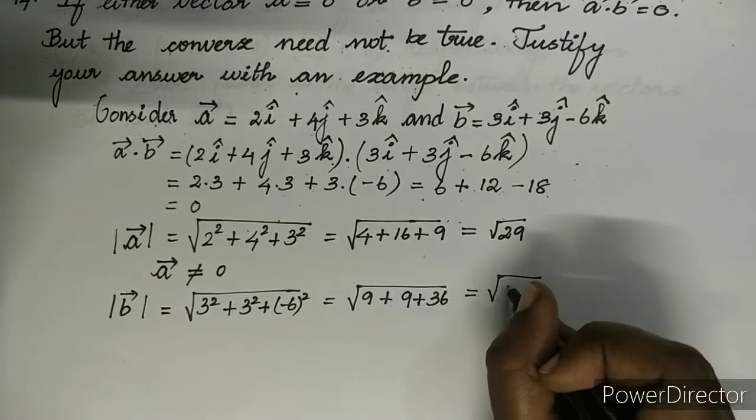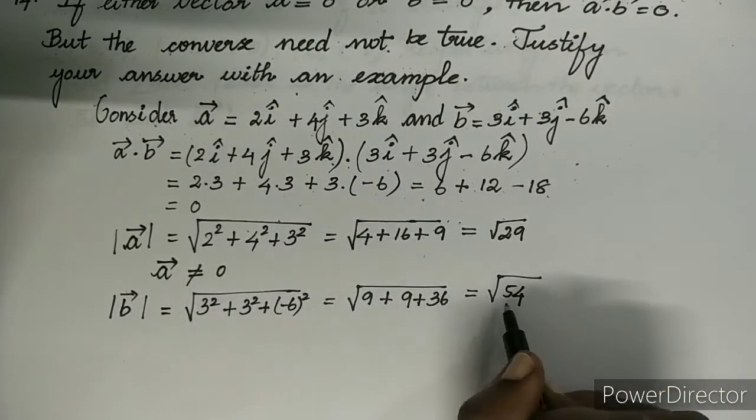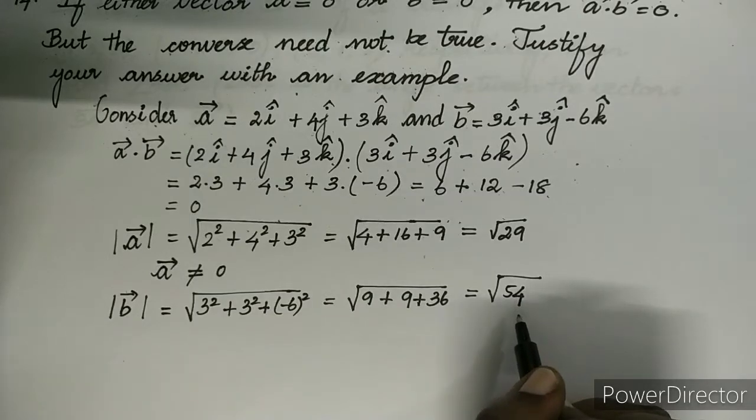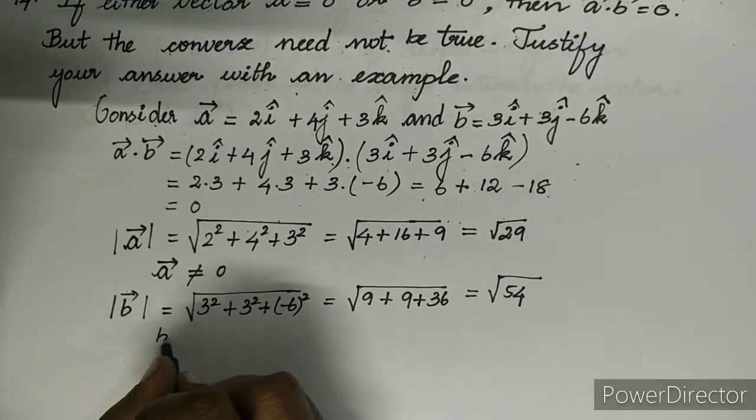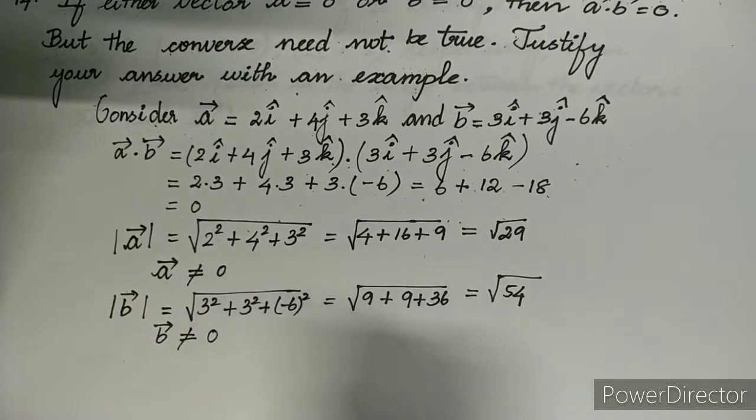So root 54. Magnitude of B vector is root 54, which is not equal to 0. So our B vector will be a non-zero vector. B vector is not equal to 0.